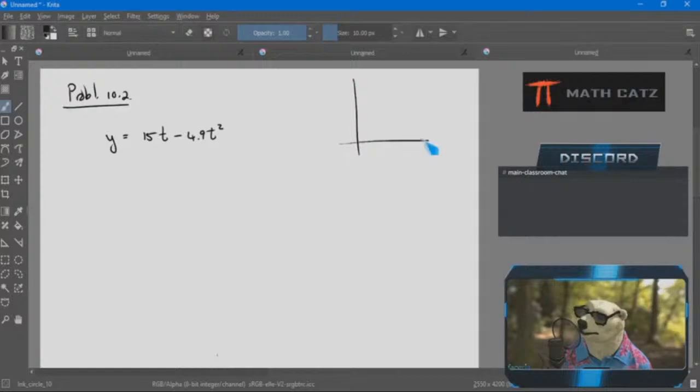Because it's a fairly simple parabola, it's going to go up and fall down again. The height over time is going to increase as the cannonball is shot up, and then it's going to come back down because of gravity. So it's not a bad first example, yet practical.